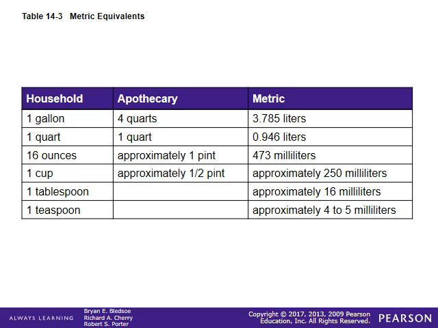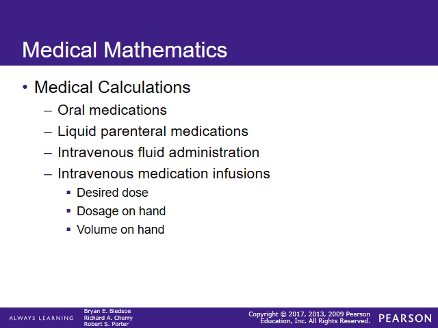Converting is only necessary when you don't have accurate information for the equivalent of the metrics. We use medical calculations for oral medications, liquid parenteral medications, IV fluid volumes, and IV medication infusions, where we deliver specific doses over specific times to the patient.